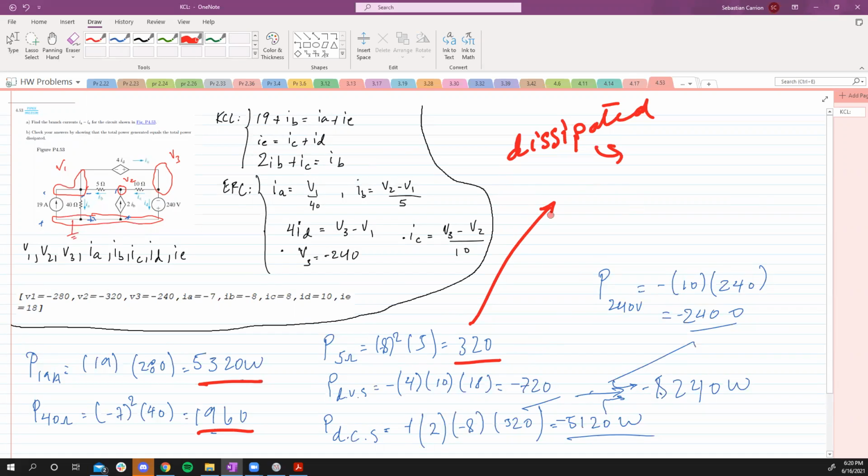And well, I forgot the 10 ohm resistor, so I got ahead of myself there.